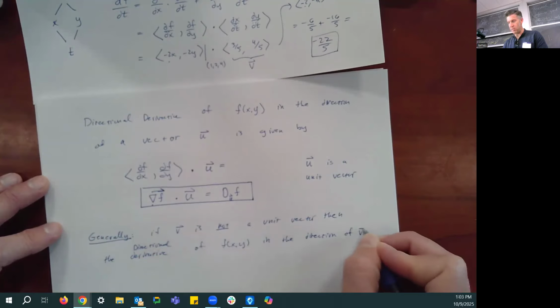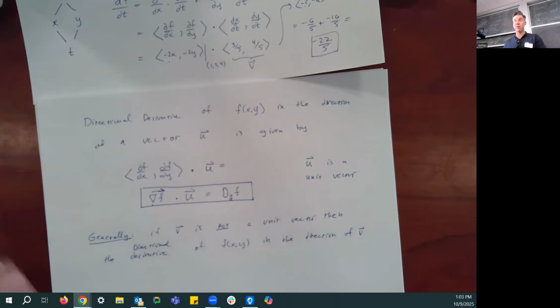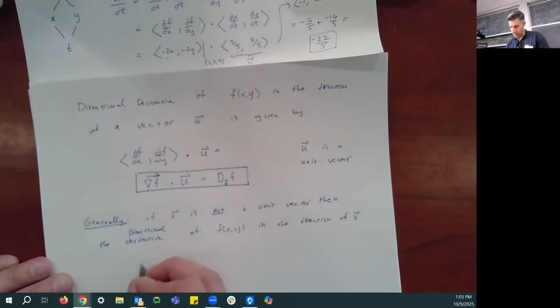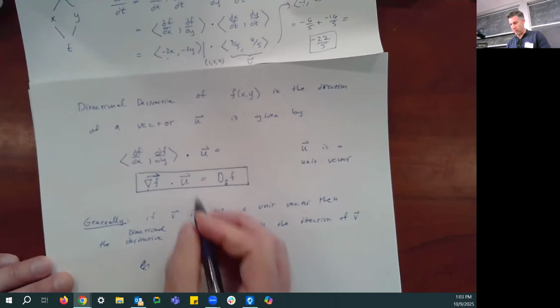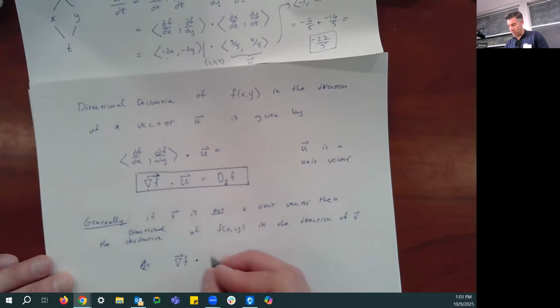You just make v into a unit vector by dividing it by its own magnitude. So it's going to be given by the same gradient of f dotted with, instead of the vector u that's already a unit vector, you're going to transform v into a unit vector.